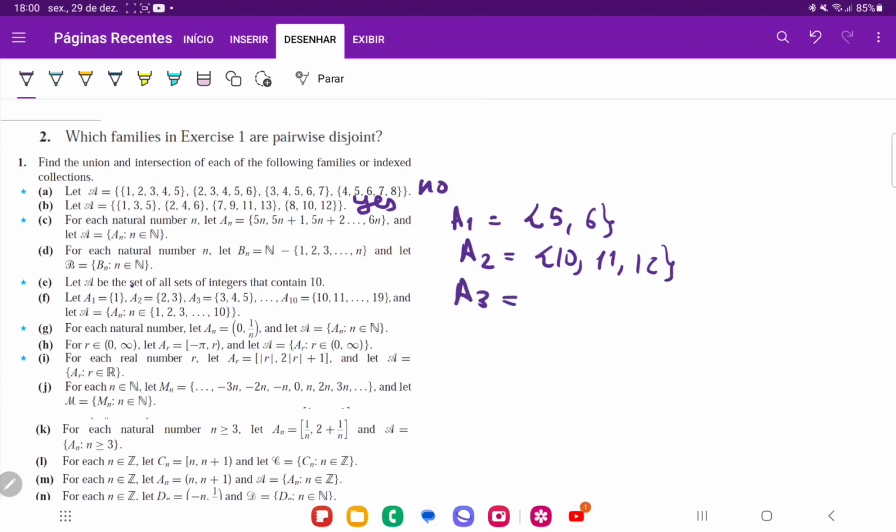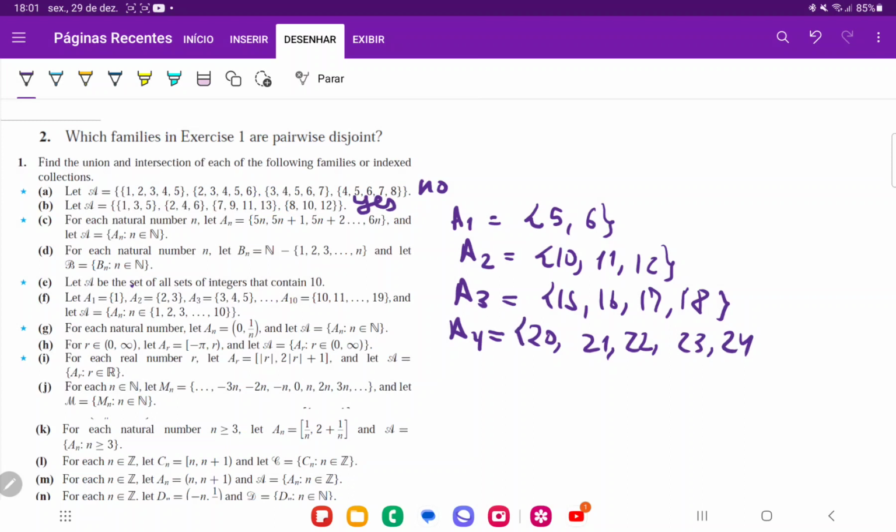A3, we're going to have 15, 16, 17, and 18. A4, we're going to have 20, 21, 22, 23, and 24. For A5, we're going to have, let's see, 25, 26, 27, 28, 29, and 30.